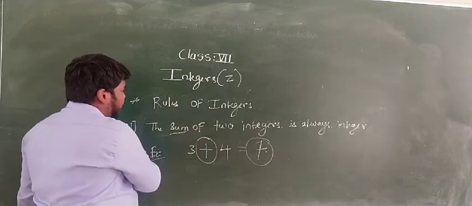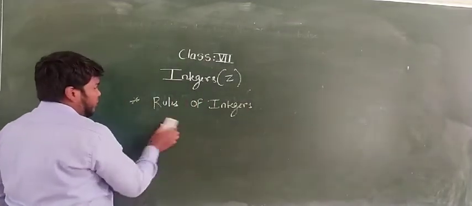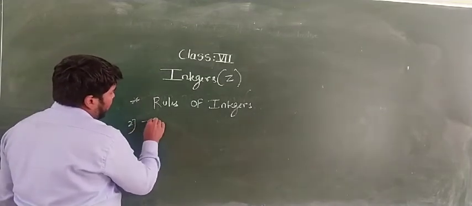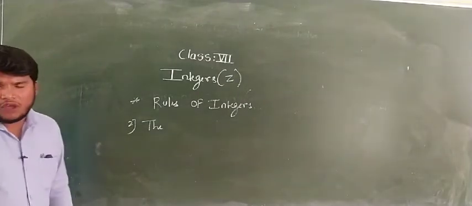Second one we will see now. What is the second rule for the integers? The sum of two integers is always an integer, you have seen.